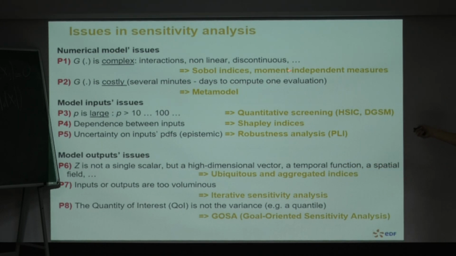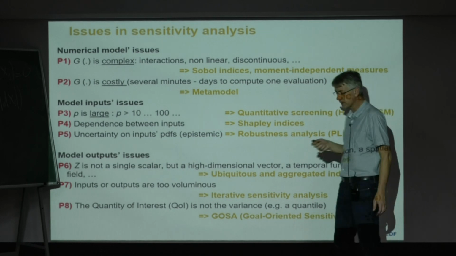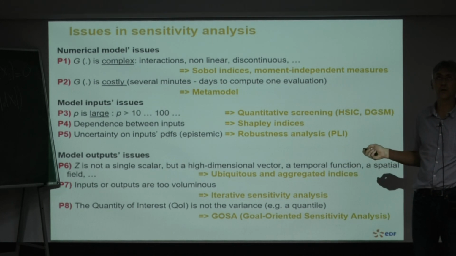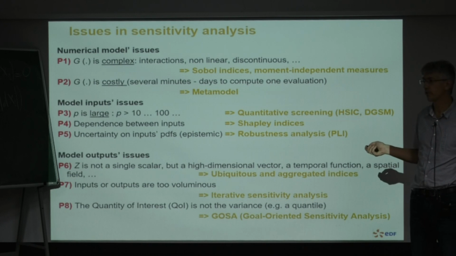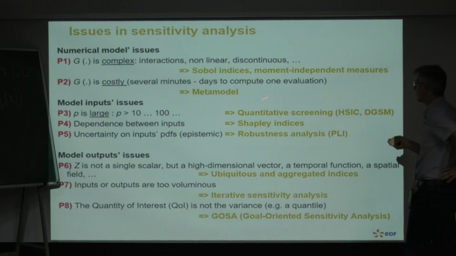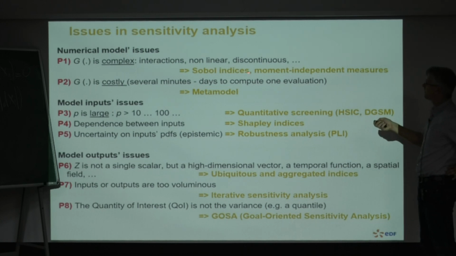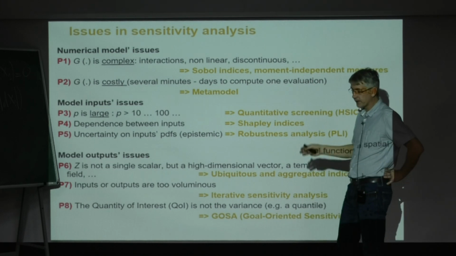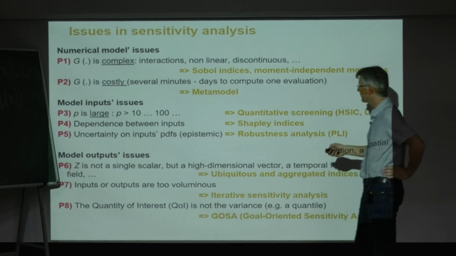So a whole class of techniques have been developed and are called the moment-independent measures. And I think Thierry Klein will explain one particular moment-independent measure based on the Cramér-von Mises distance. So he will extend this case to some other metrics to compare difference of distributions.